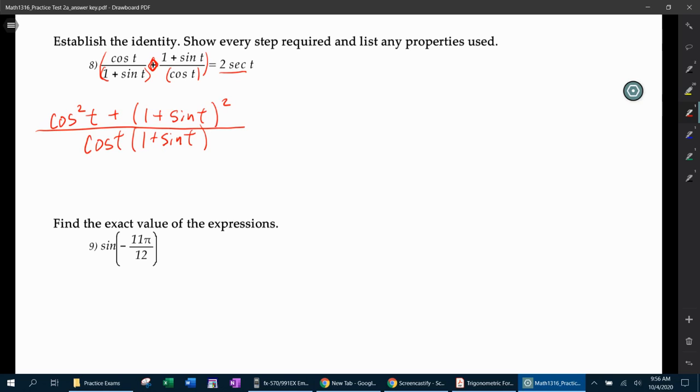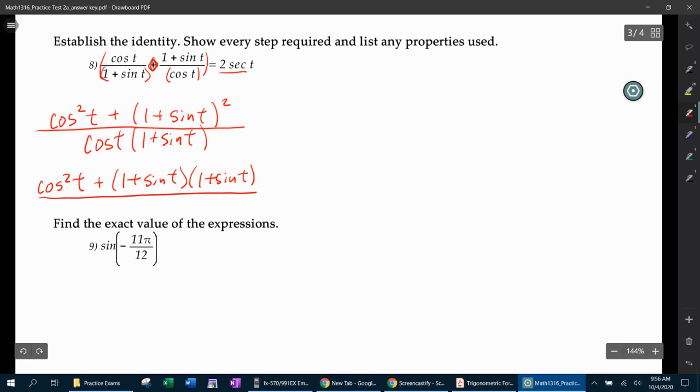Okay, so the next step is we're going to have cosine squared t plus 1 plus sine t times 1 plus sine t, and that's all over the common denominator, cosine t, 1 plus sine t. And then we're going to carry that on up to the top here. So we're going to have cosine squared t plus, and then doing the FOIL method, 1 times 1 is 1.